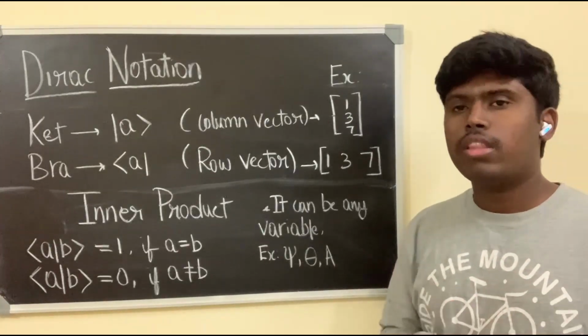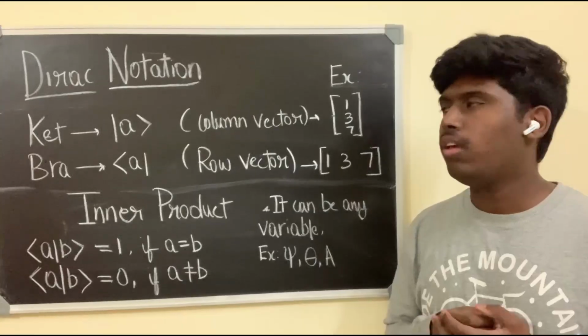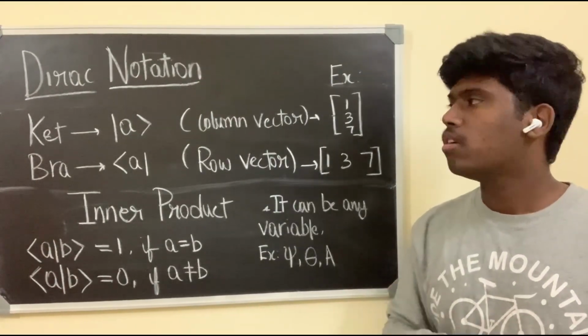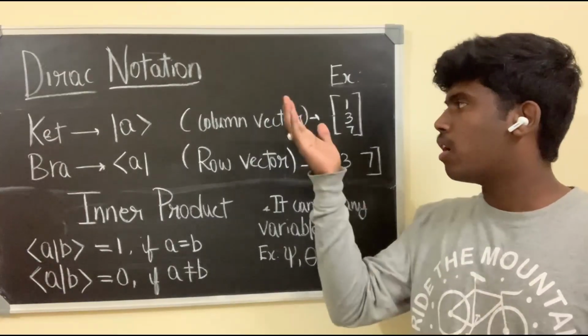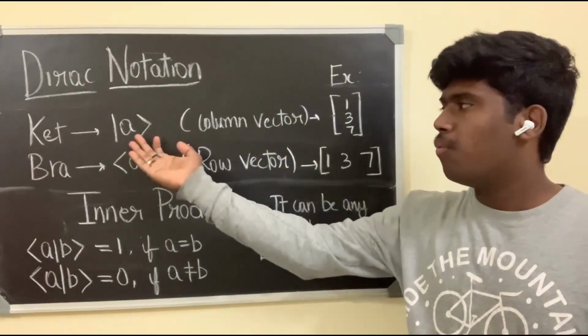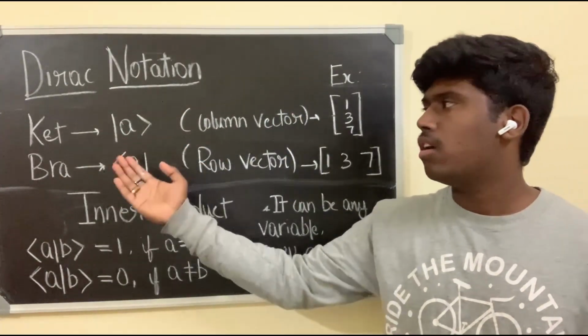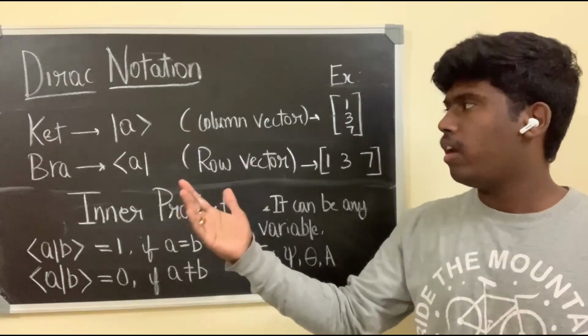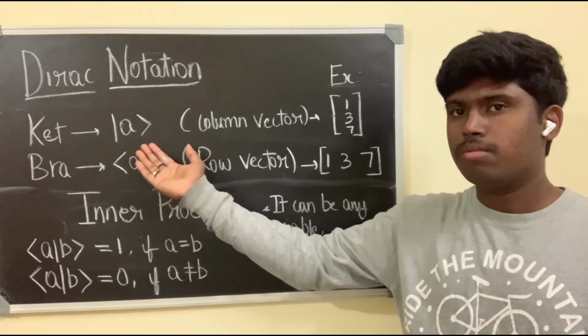To represent these vectors more conveniently, we use something known as Dirac notation in quantum mechanics. For representing a column vector A, we write it as ket A, in this way.